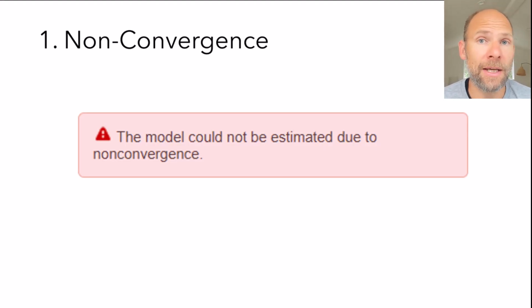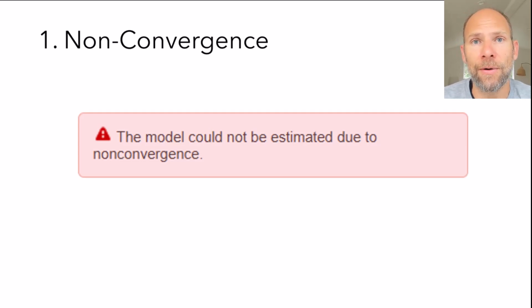Now, what does this mean? Non-convergence means that the program ran out of iterations in trying to estimate the parameters of your model and did not find a solution. This can be due to model non-identification, but can also be due to extreme model misfit.